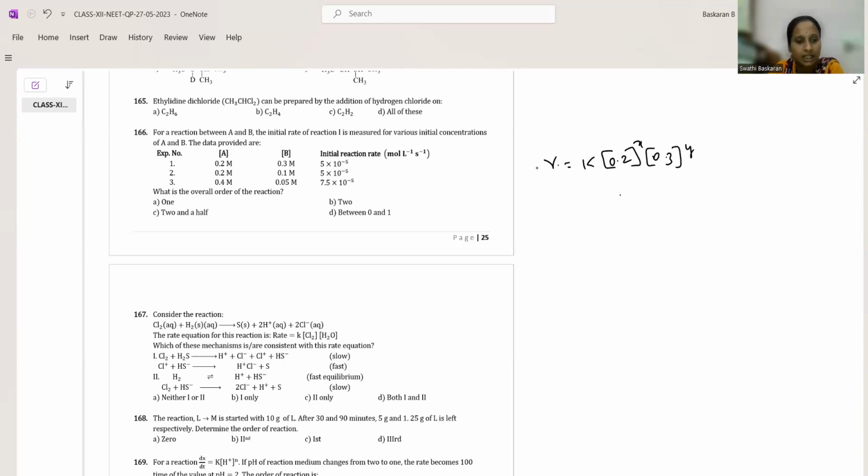Similarly in the same way we will also write for the second experiment, that is 0.2, 0.1, and the third one. All three equations we will write.